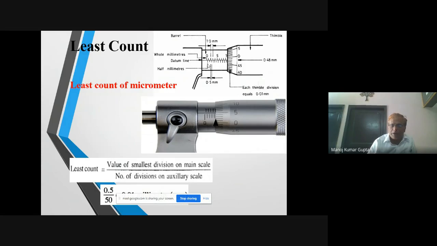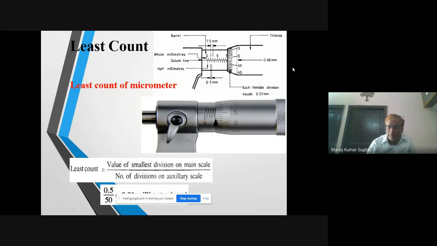And between two graduations on the upside, on the lower side, there is one more mark. So it is showing 0.5 millimeter. It is to show the 0.5 millimeter between one lower mark and one upper mark.